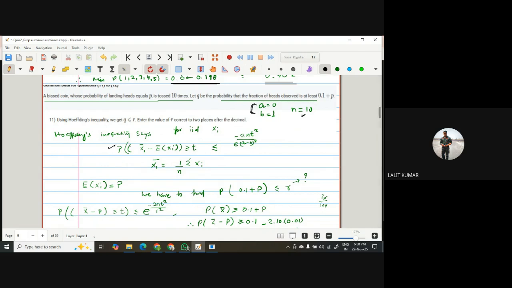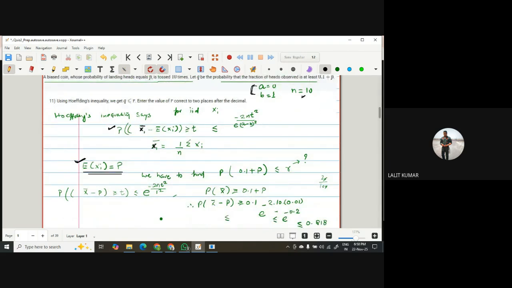This is the formula for Hoeffding's: probability of x bar minus expected value of x greater than or equal to t is less than or equal to e to the power minus 2 n t square by (b minus a) square, where x bar is nothing but your observed one, summation of xi divided by n. Expected value of xi for a coin toss is p. We know that. So we have to find probability of 0.1 plus p less than or equal to r, because they have given 0.1 plus p.